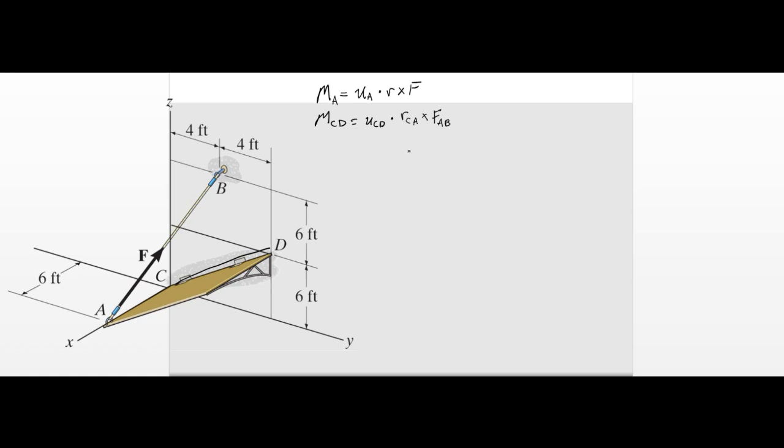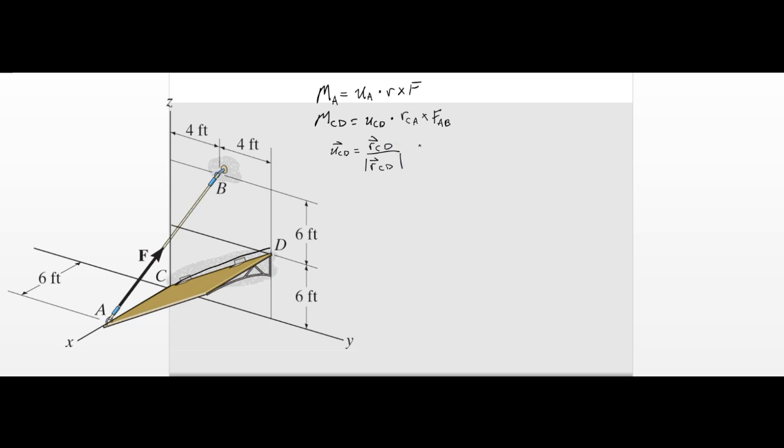So let's get started calculating the moment about axis CD. First, let's calculate the unit vector along CD. U_CD is equal to r_CD divided by the magnitude of r_CD.